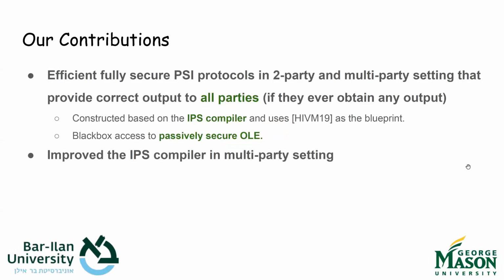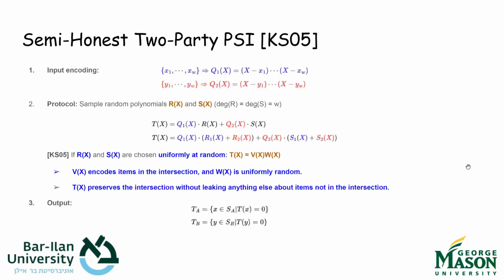Our protocols are constructed based on the IPS compiler and use Leviosa as the blueprint. One interesting point about our protocols is that they only need black box access to passively secure OLE, but achieve malicious security. Besides the new PSI constructions, we also improved the IPS compiler in the multi-party setting.